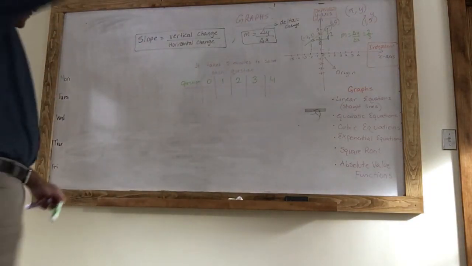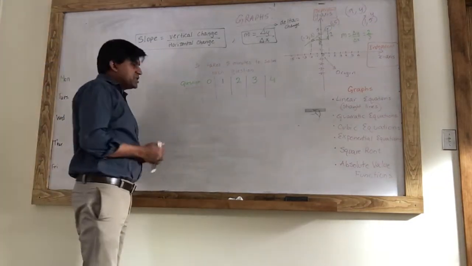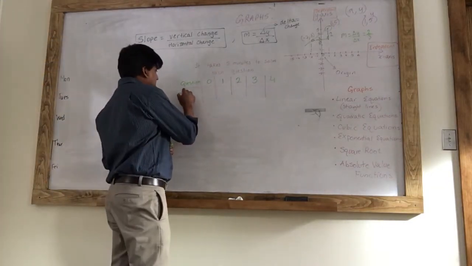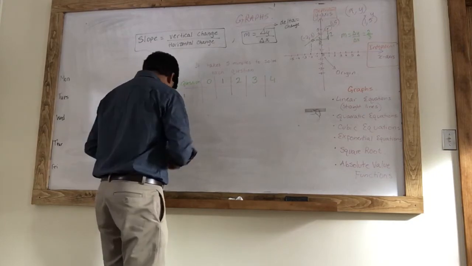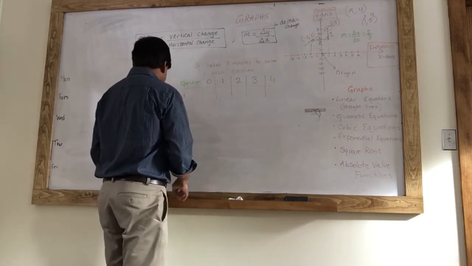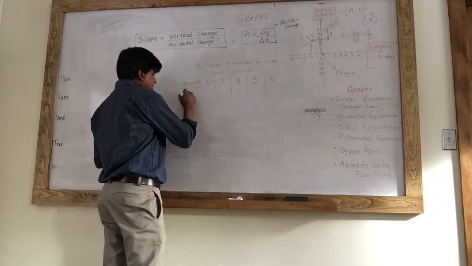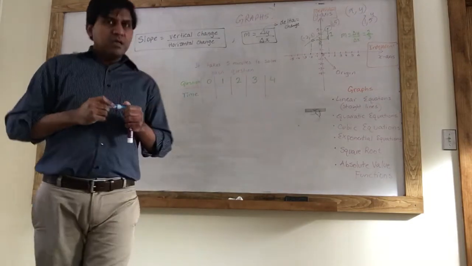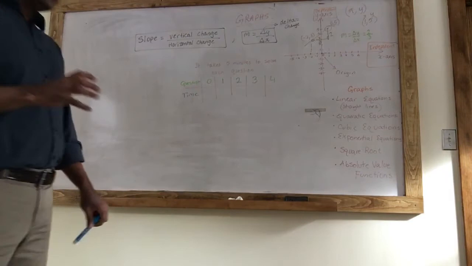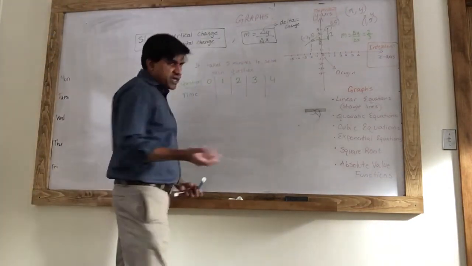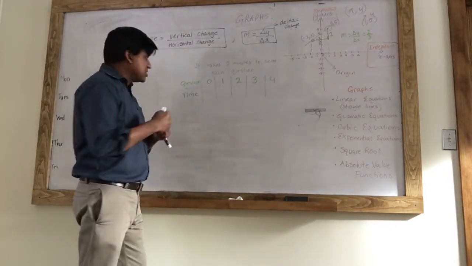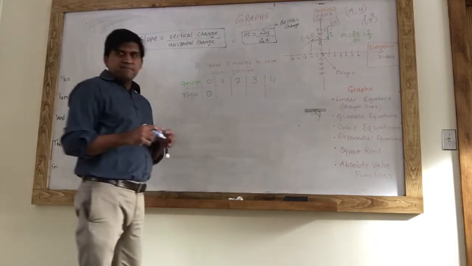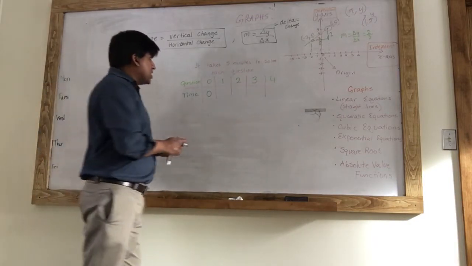Now, if you look at the time, let's use a different color for time. If you do 0 questions, how much time would you require? 0 minutes. What about 1 question?